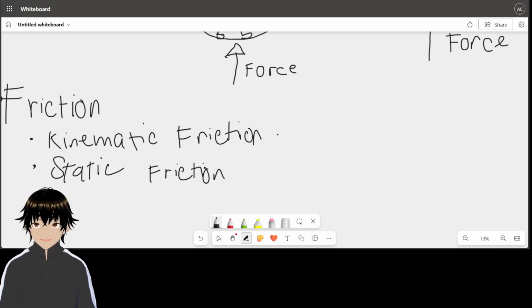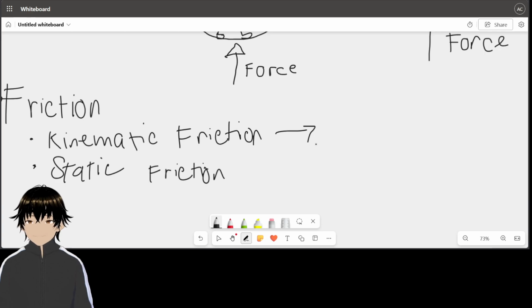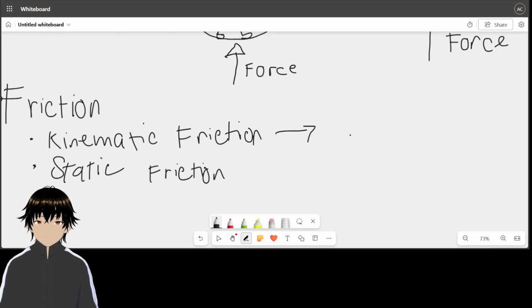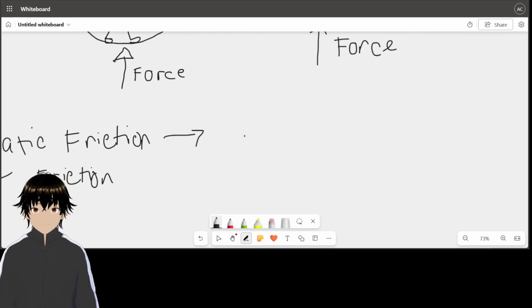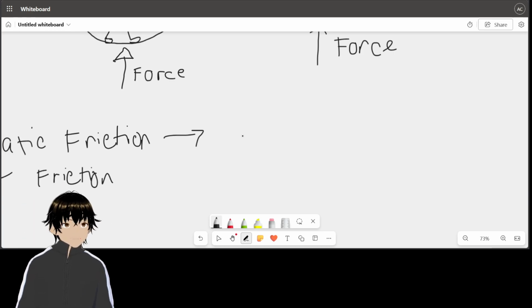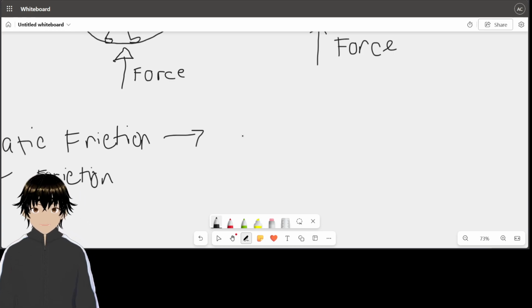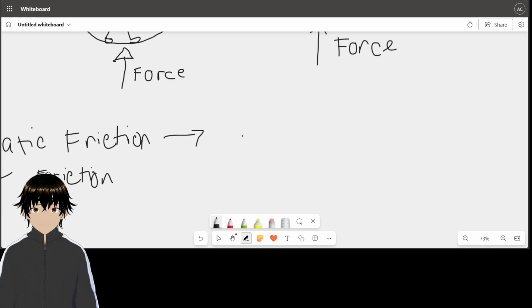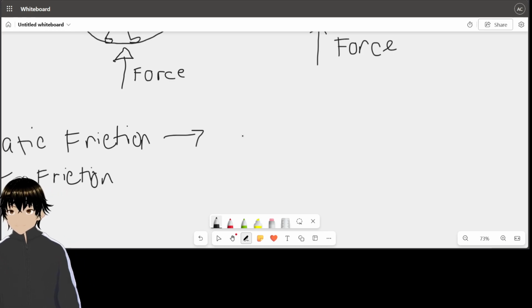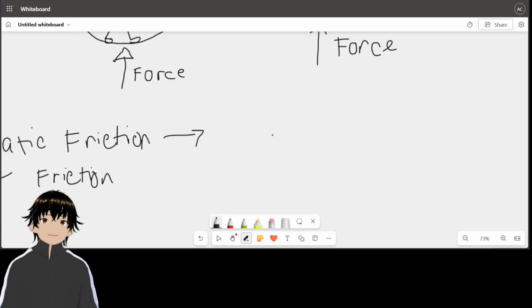So how I understand kinematic friction is, okay, it basically just deals with the friction that is on the surface, that also deals with movement. Okay, so let's try to get the example from earlier in the book.